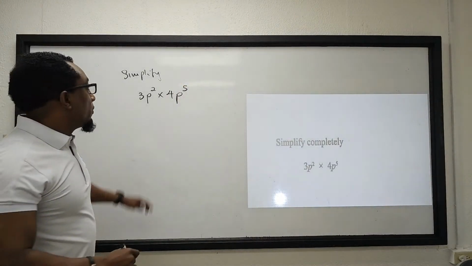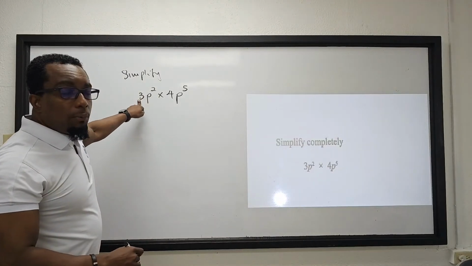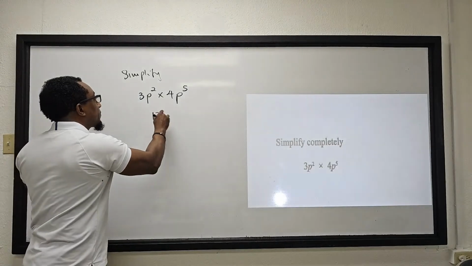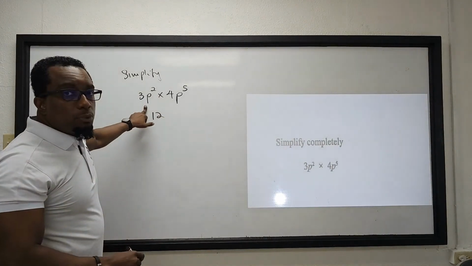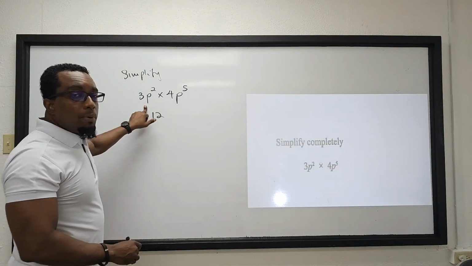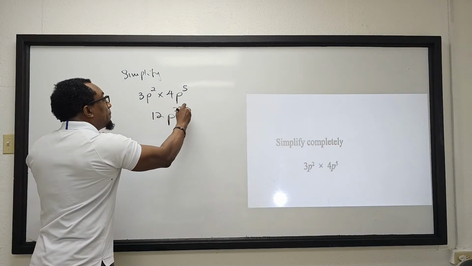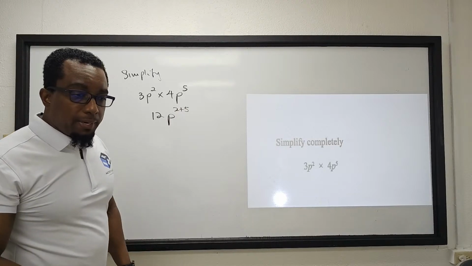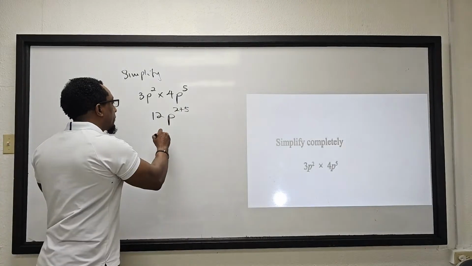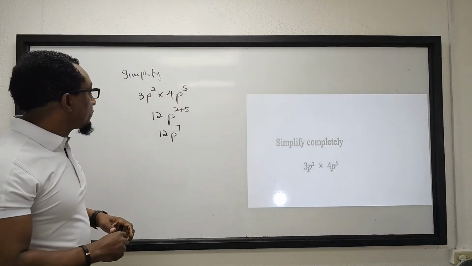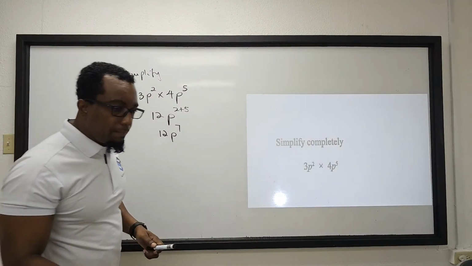So what we can do, we can multiply what we call coefficients. 3 by 4 will give us 12. And p to the power of 2 by p to the power of 5. When we are multiplying and we have the same base, we maintain the base and the powers we add. So we're going to get here 12p to the power of 7. Let's take another.